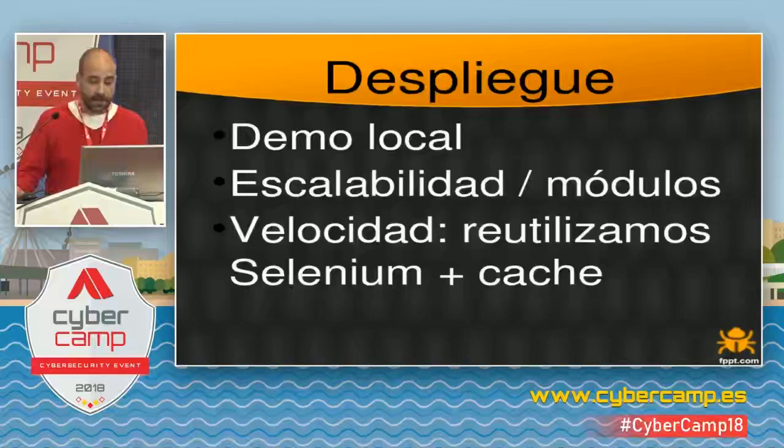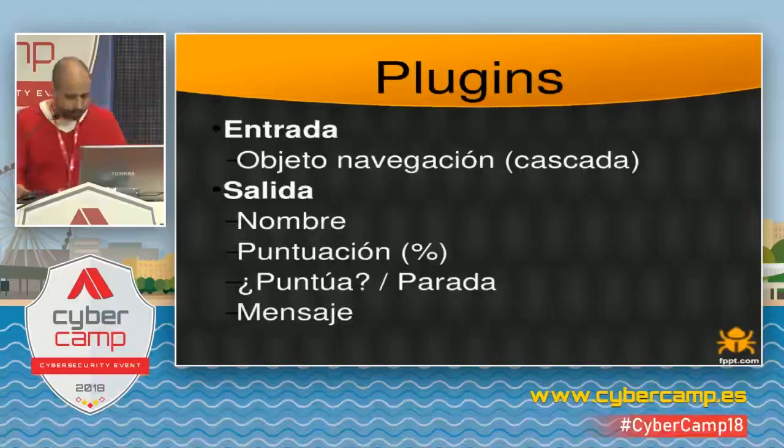We've used Selenium connections as well, so we don't have to design too many of them. And also, its cache means that when two requests are sent and you're not sent a reply, then the last one will be valid.